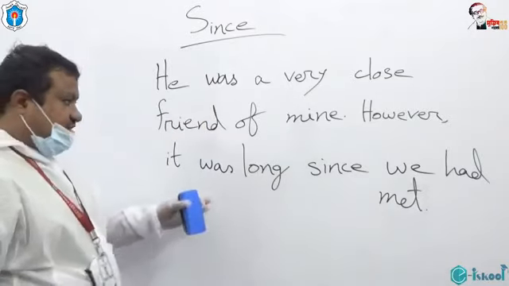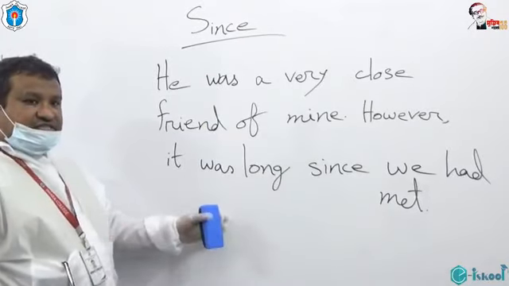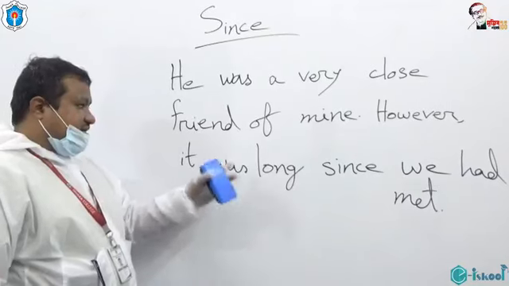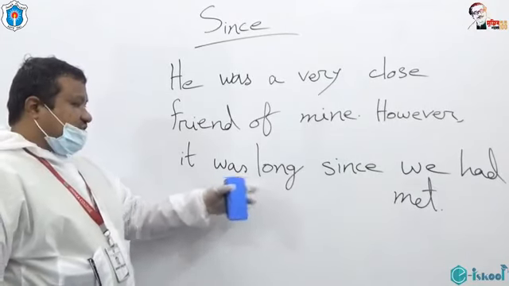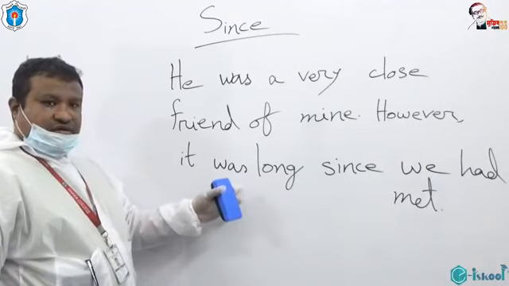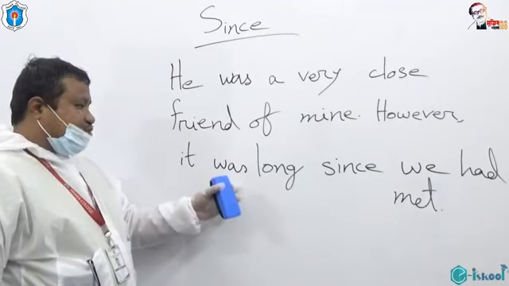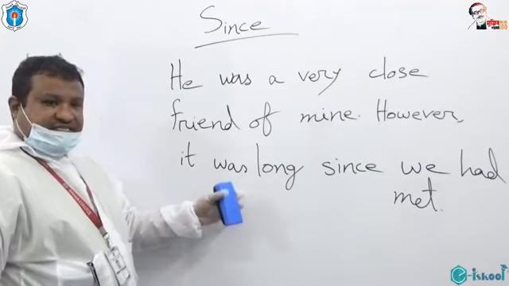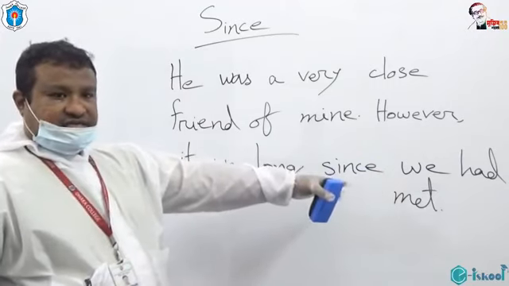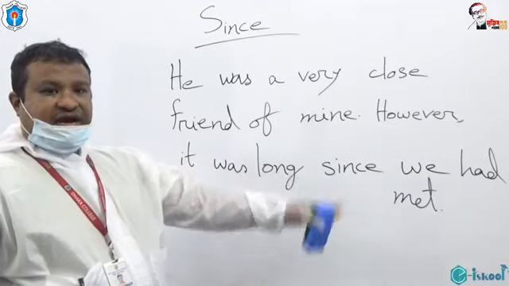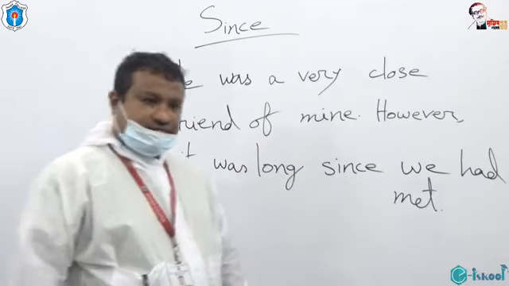That is, it was long since we had met. So here we see when the clause before since is in simple past tense, then the clause after since will be in past perfect tense.